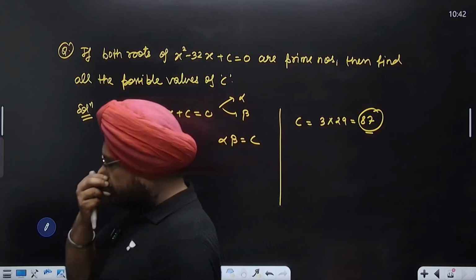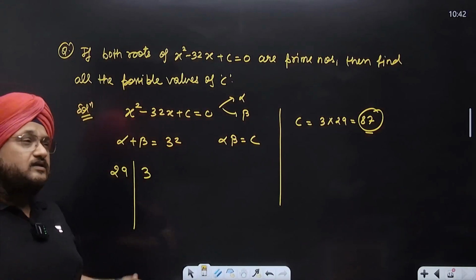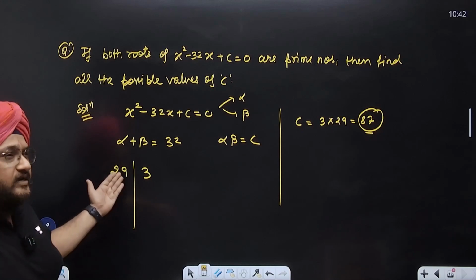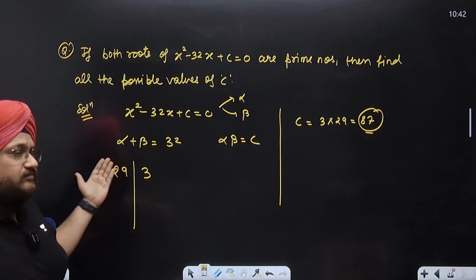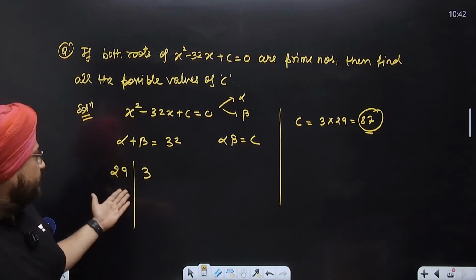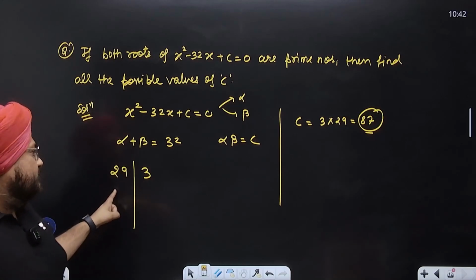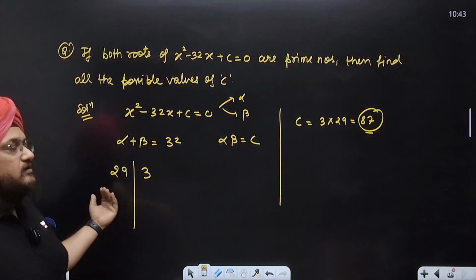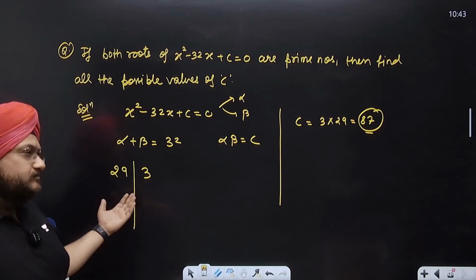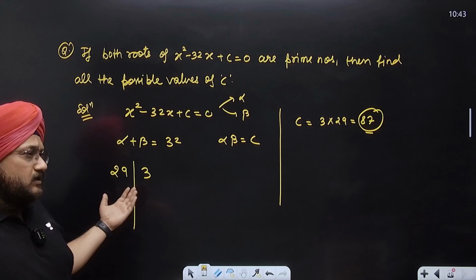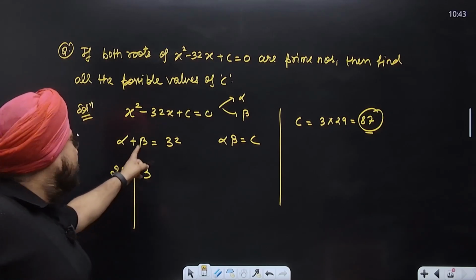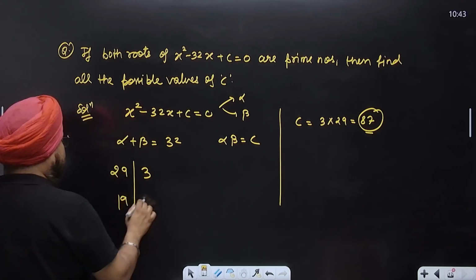We will move forward. Now the numbers less than 29 are 28, 27, 26, 25, 24, 23. If we take 23, then beta will become 9, which is not a prime number. So 23 is rejected, and so are 22 and 21. Then 19. If I take 19, then the other will become 13.